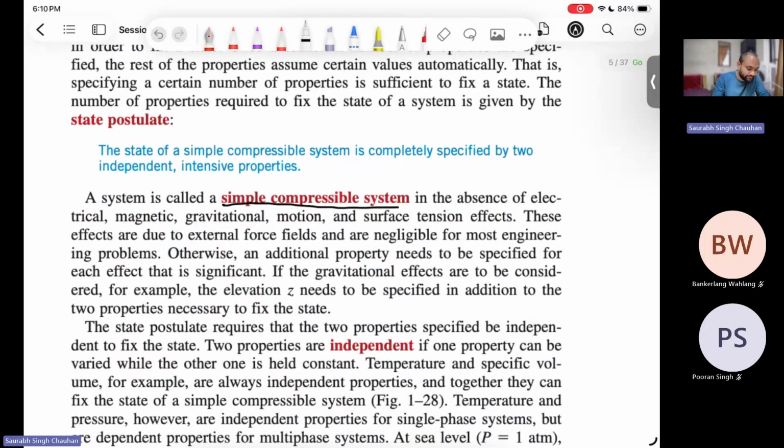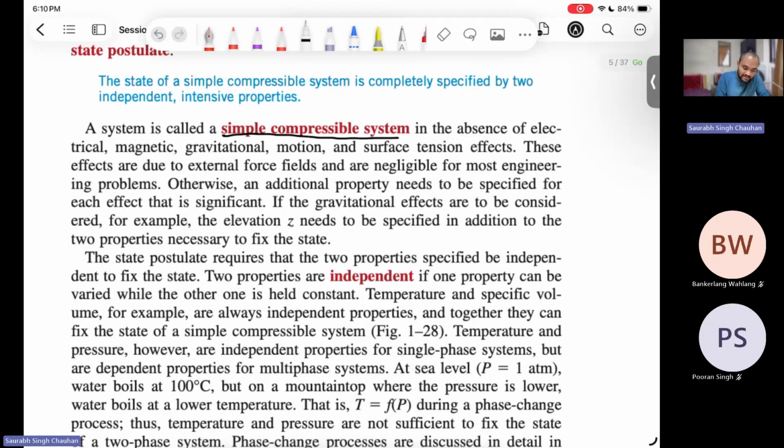The system is called a simple compressible system in the absence of electrical, magnetic, gravitational, motion, or surface tension effects. These effects are due to external force fields and are negligible for most engineering problems. Otherwise, an additional property needs to be specified for each effect that is significant.